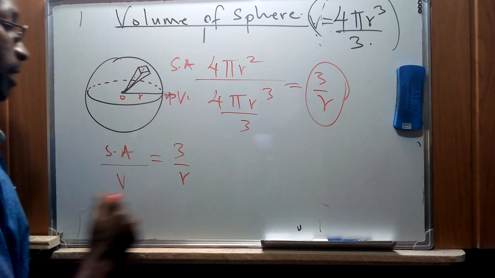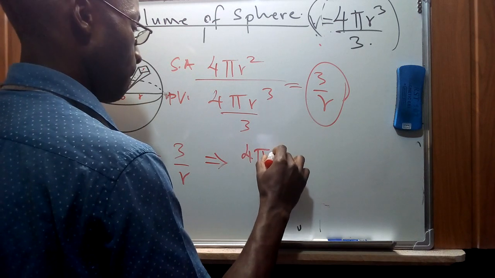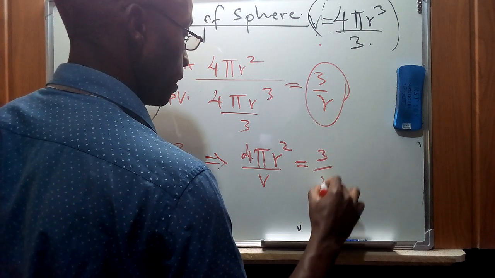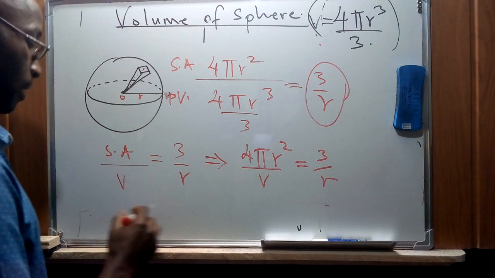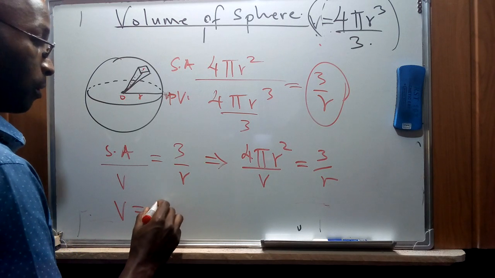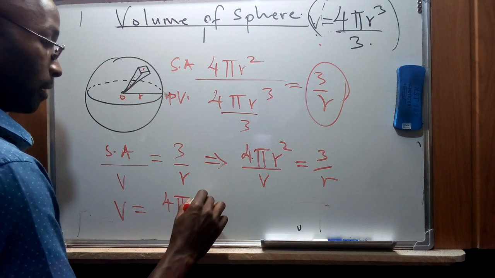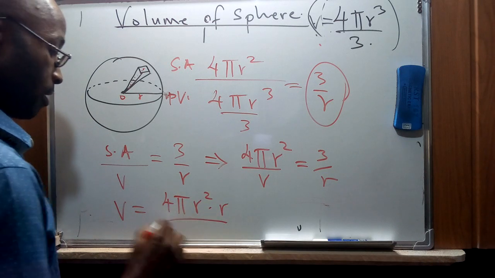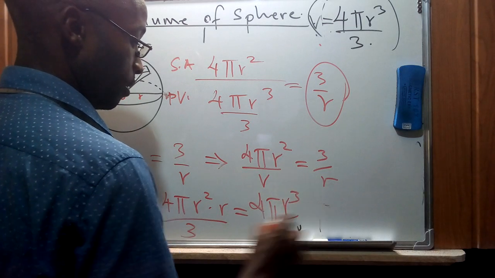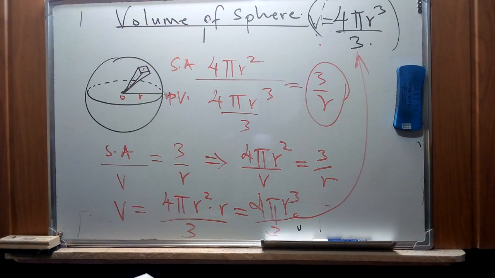Now we have said that the surface area is 4 pi r squared, over the volume, equals 3 over r. So making V the subject of the formula, we will have V equals 4 pi r squared times r all over 3, which is 4 pi r cubed over 3. Of course, which gives us the volume of a sphere.